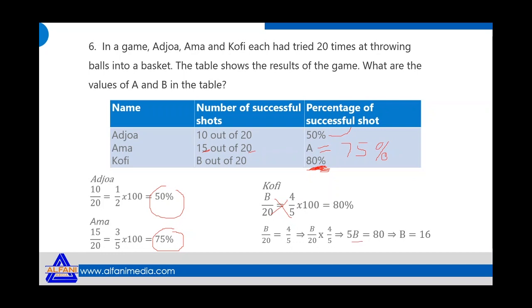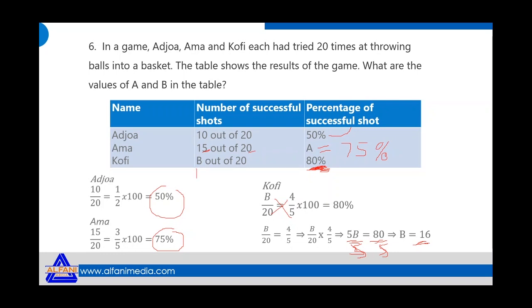So B times 5 is 5B, and then 20 times 4 is 80. So cross multiplying gives me this. Now dividing through by 5 gives me B equals 16. So my B here is 16.